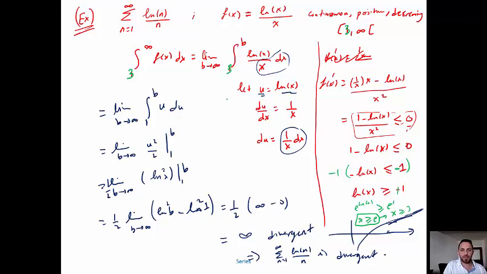It doesn't make any difference, but just to make things correct. So ln of 3 squared, and you know infinity minus some constant is infinity. Okay, sorry for this mistake.